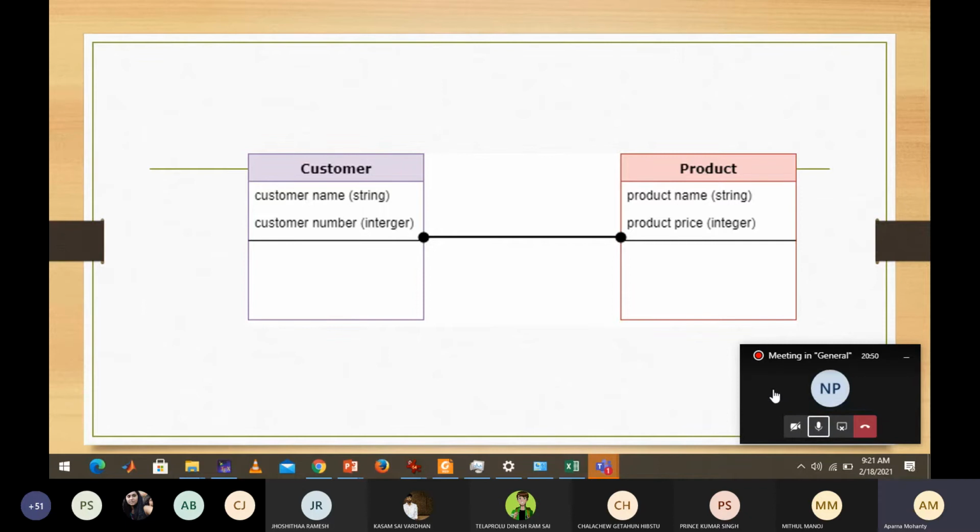Yes, ma'am. Hello, ma'am, am I audible? Yeah, you are audible. Ashish Kumar, can you spot the difference between this conceptual and logical model?